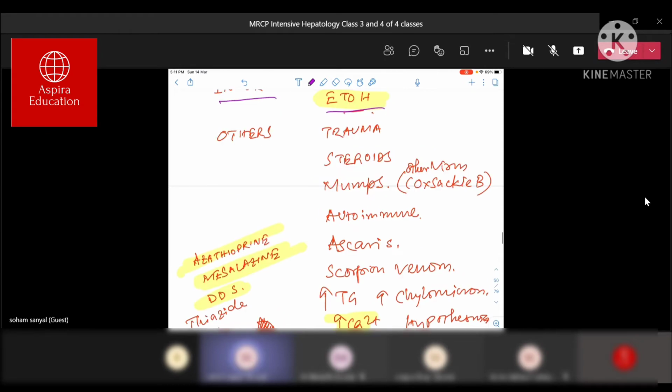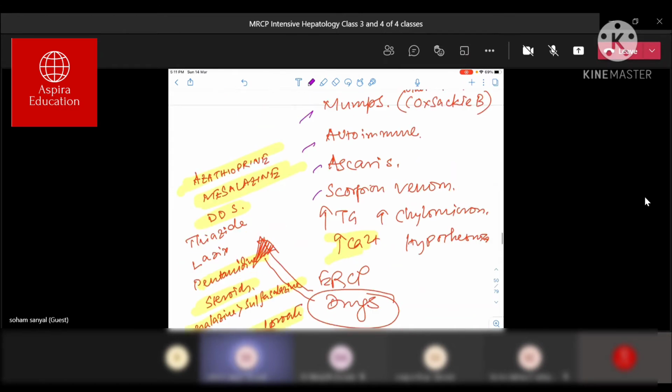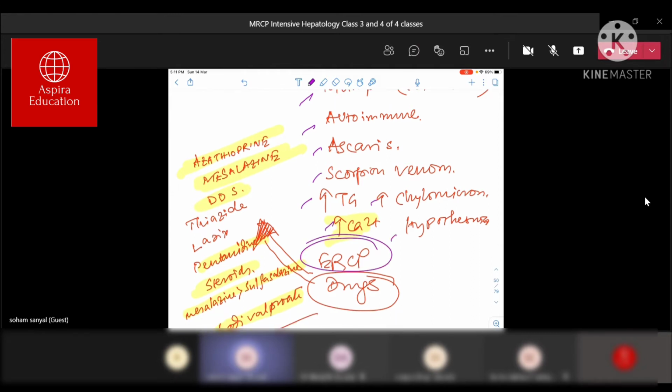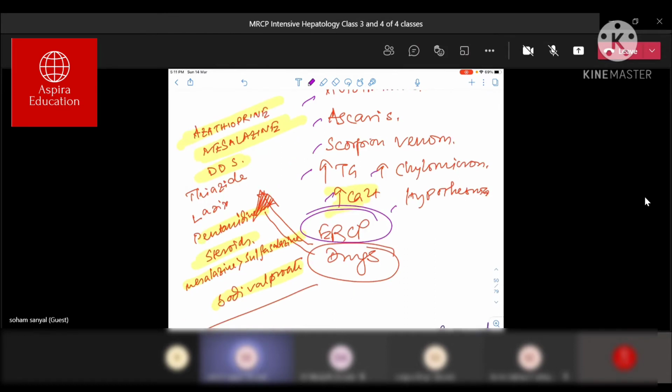But there are other causes like trauma, steroids, mumps, autoimmune disease, ascaris, scorpion venom, hypertriglyceridemia, hyperchylomicronemia, hypercalcemia, hypothermia, and very importantly, ERCP. Remember, as per the MRCP Part 1 examination, the most common complication of the ERCP procedure is acute pancreatitis. There are questions on this, and there are a number of drugs associated with acute pancreatitis, as we mentioned last day.